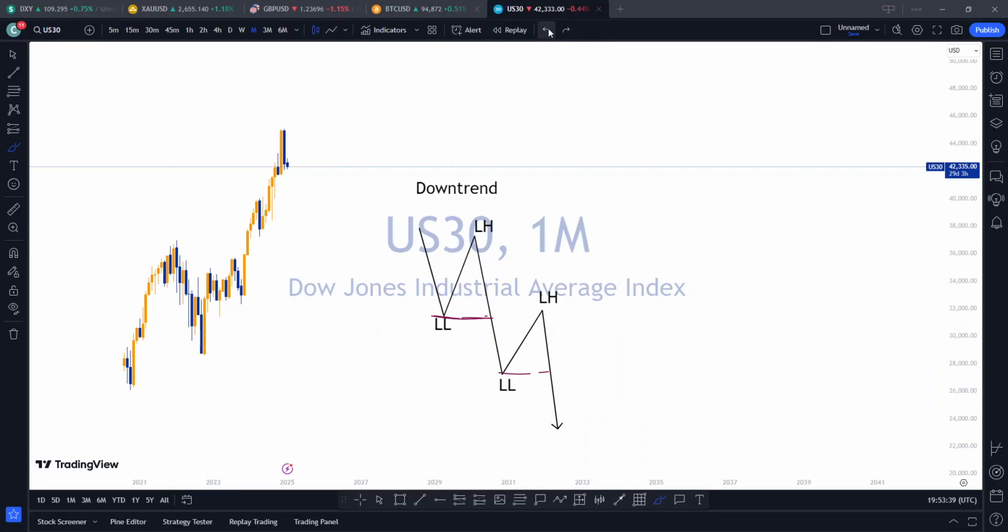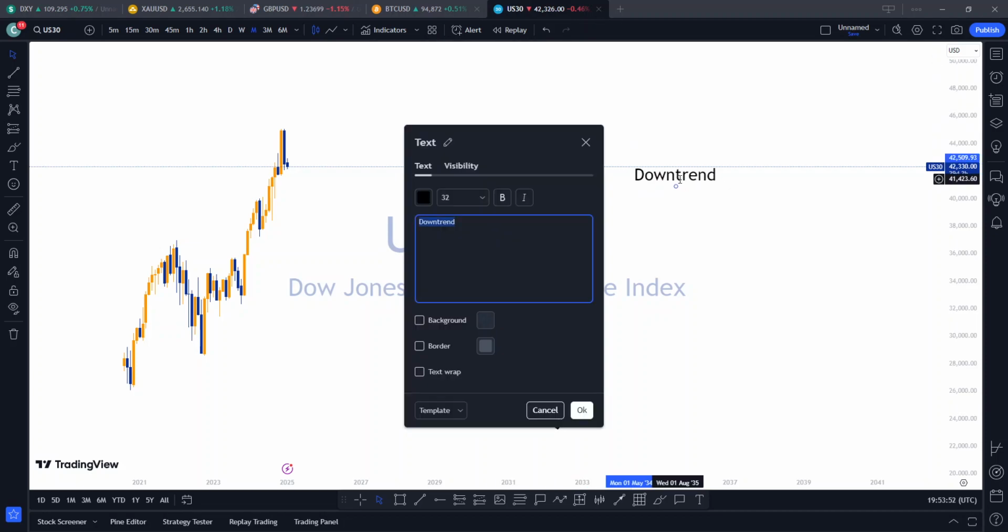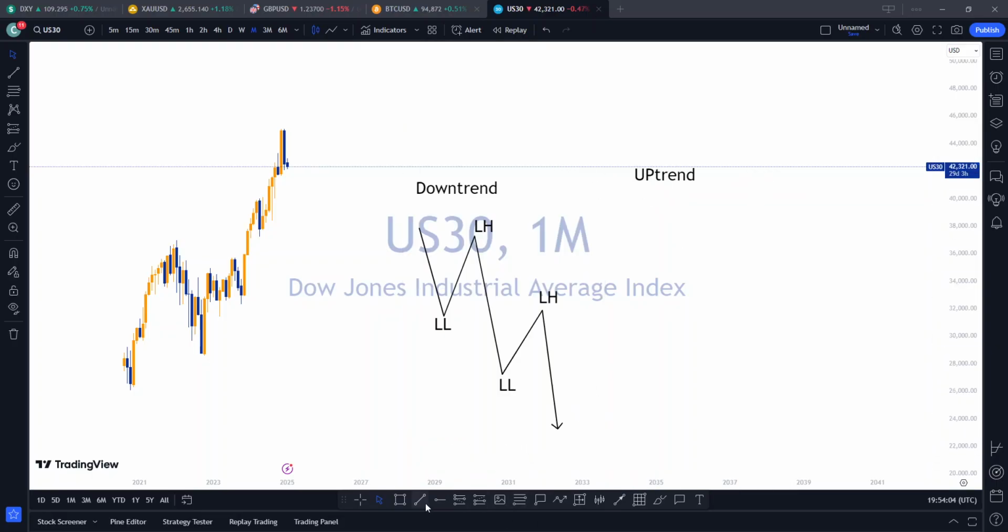So now let's see an uptrend. An uptrend is similar. We have a move pushing to the upside, then we have some sort of correction, then a push.